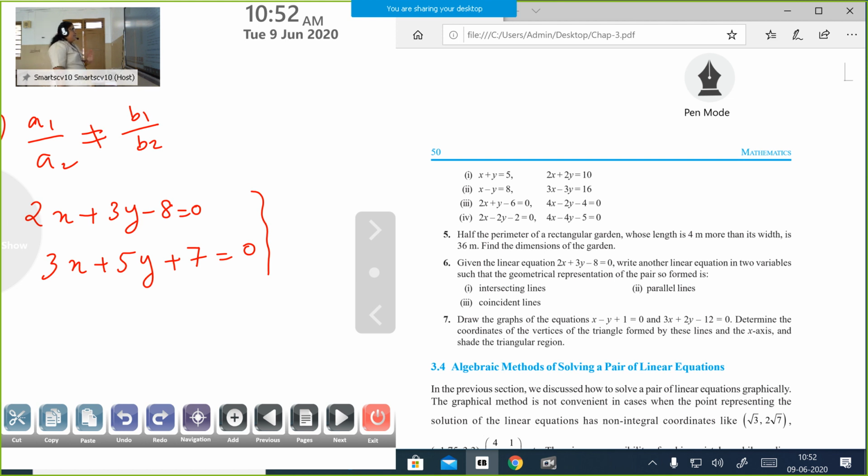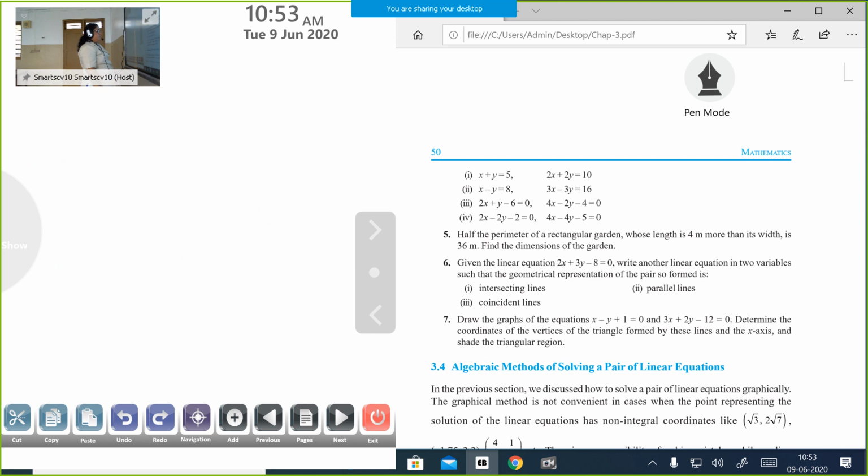We can form it with the ratio a1 by a2 not equal to b1 by b2. Given the equation 2x plus 3y minus 8 is equal to 0, another equation we form is 3x plus 5y plus 7 is equal to 0. Here a1 by a2 is not equal to b1 by b2, that means the lines are intersecting.